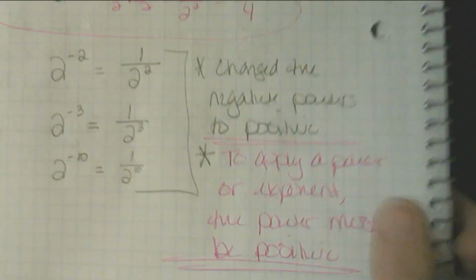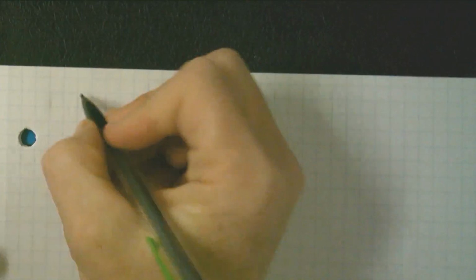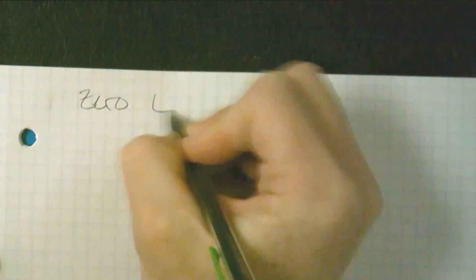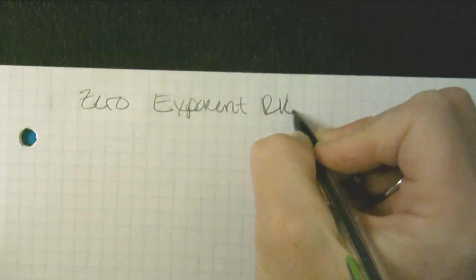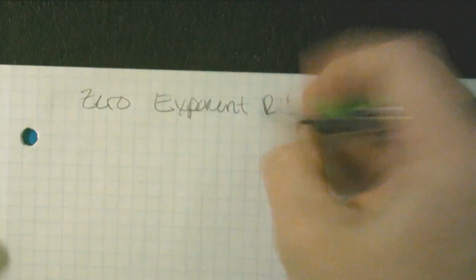Okay. All right, so let's write our rule down. So this is our 0 exponent rule. This is the easier of the two. There's nothing complicated about it.